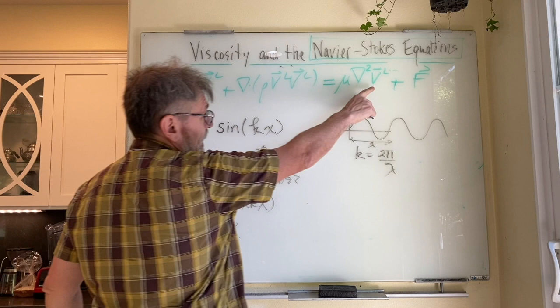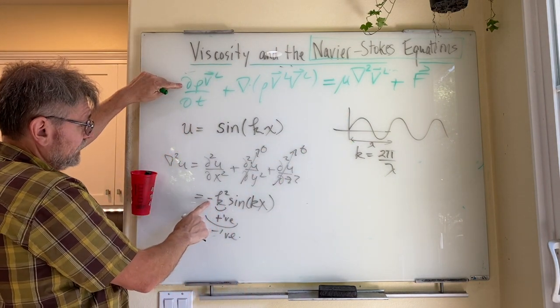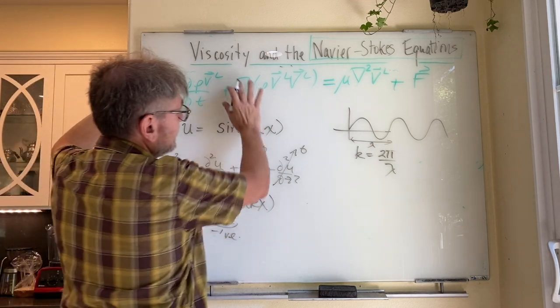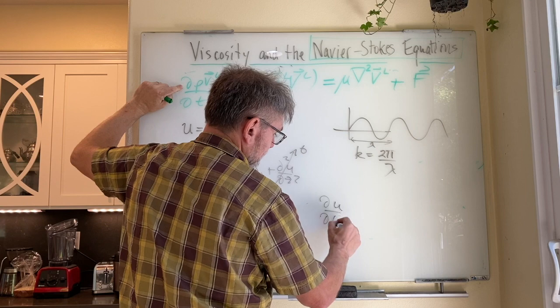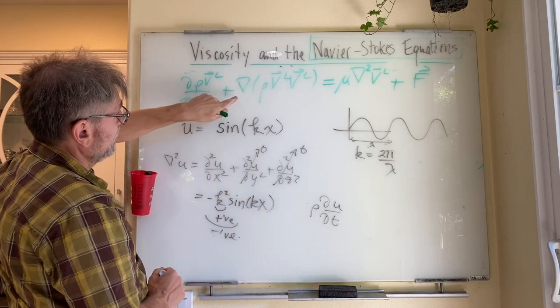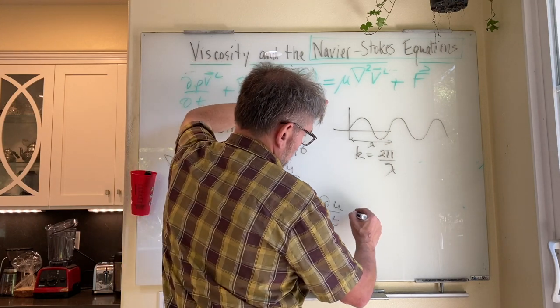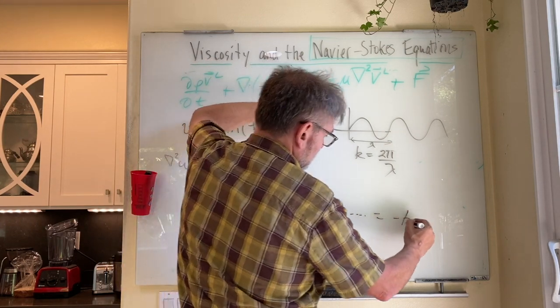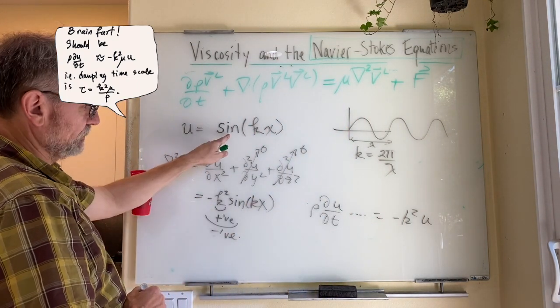So I get back the same flow, and there's going to be a minus, so the d by dt. If I neglect the other term for a second, that means that du/dt, with rho, let's forget about this term for now, equals minus k squared u. I get back u, sine kx was the original u.